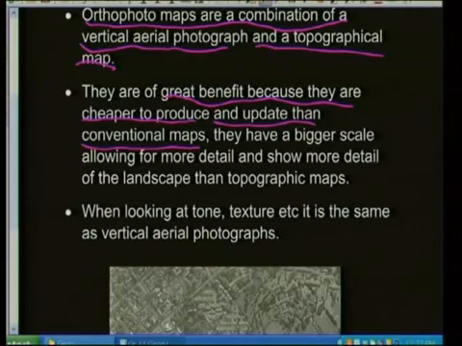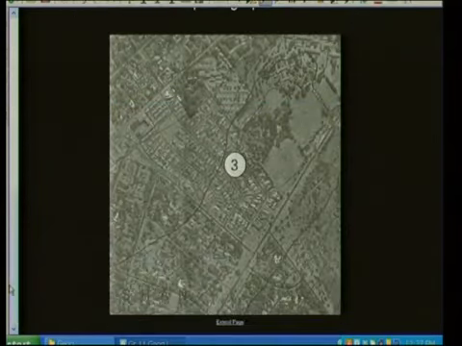In a year or so, you take another photograph and just add in the details. With the topographic map, it means a lot of drawing and sketching, so it takes a lot of time. Also, it shows more detail on the landscape.